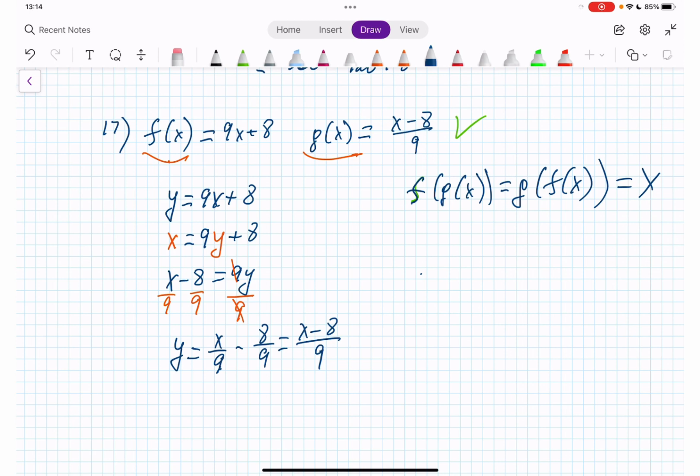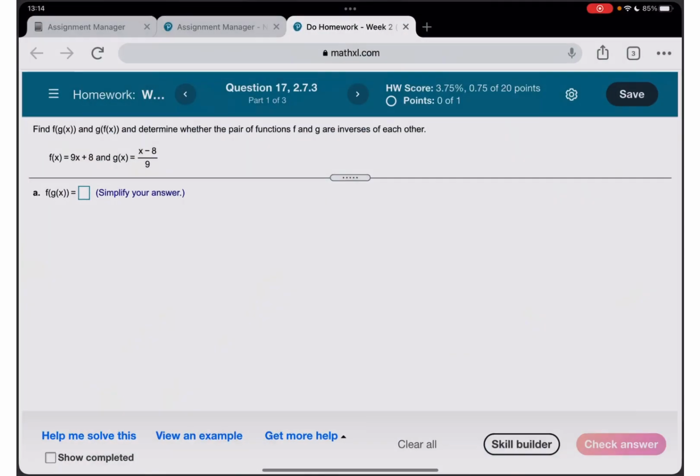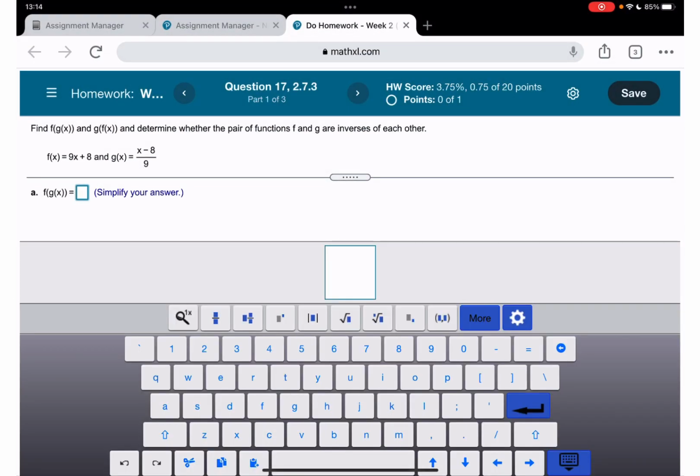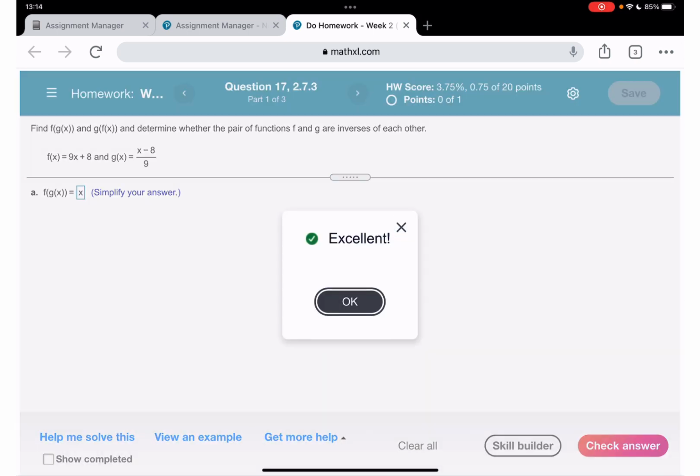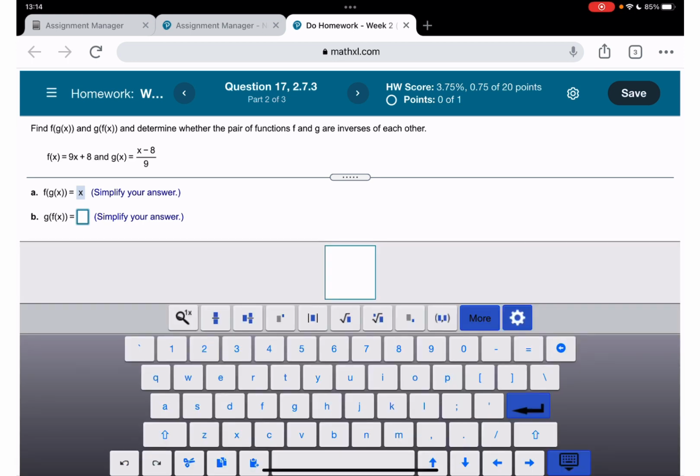So the composition f with g or g with f is equal to x if and only if these two functions are inverse to each other, which means the answer here is going to be x. Excellent choice. And the same thing here, I don't have to do anything else, just put x.